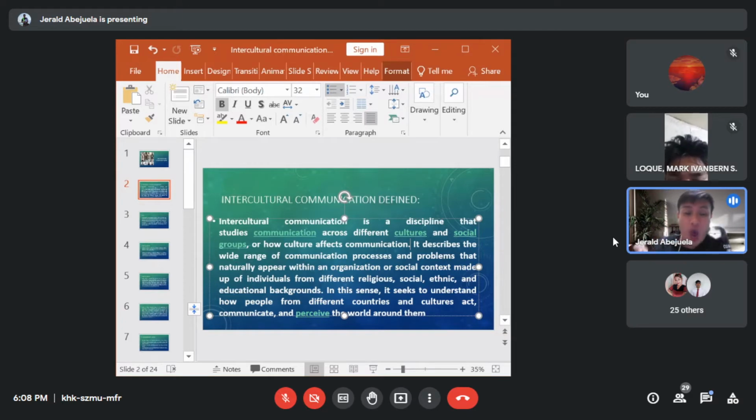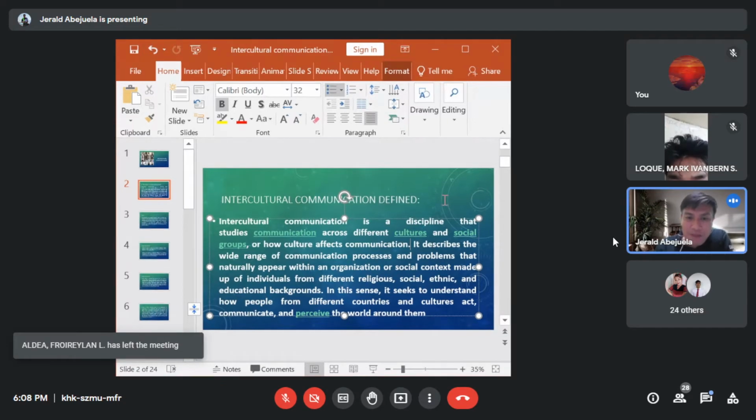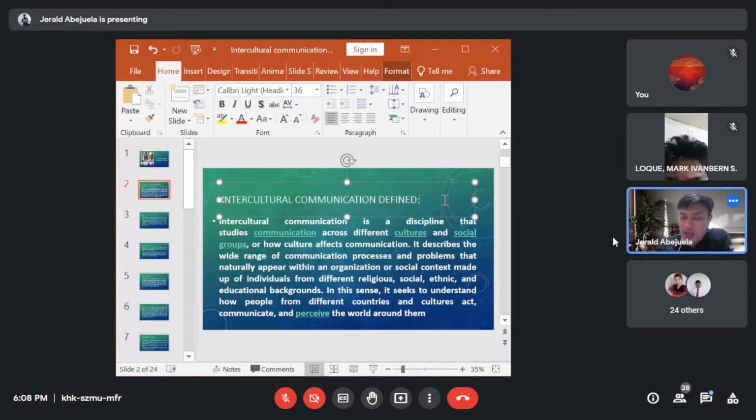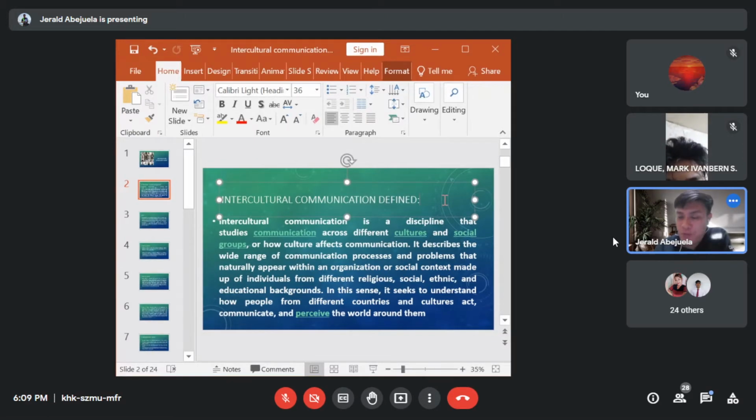And that is where intercultural communication takes place. Ang intercultural communication, ito ay klase ng komunikasyon na kung saan dapat daw ay makipag-communicate tayo sa mga hindi natin kapareho ang kultura. Okay? Hindi natin kapareho ng wika, hindi natin kapareho ng social group or ng religion, ng gender, etc.